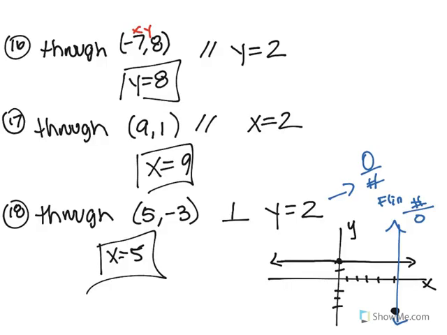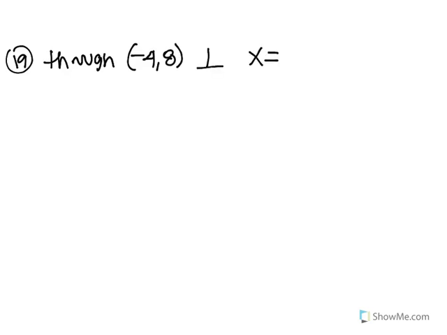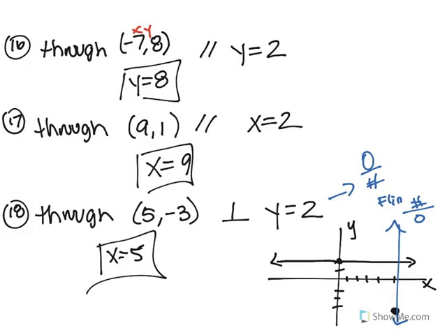What if I said let's write the equation of a line that's going to go through the point (-4, 8), but it's perpendicular to x equals 2. Very good. y equals 8. Okay? So in other words, when you have these special lines, if I give you parallel, obviously it's the same variable.